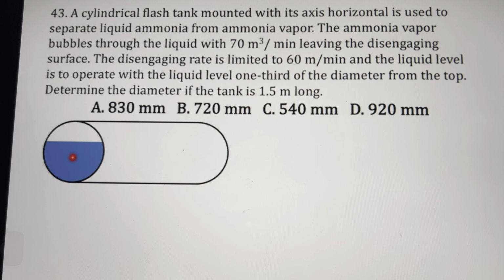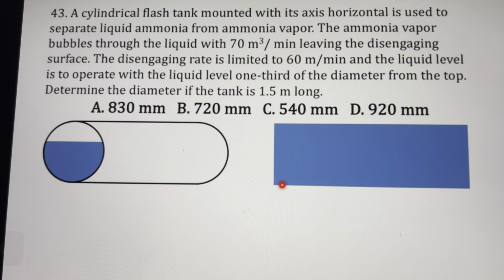Let's analyze our given. At this ammonia inside our tank, ammonia vapor disengages to its surface, and that surface can be seen from our top view. From our top view of the liquid ammonia, that is the surface where our ammonia vapor bubbles through.